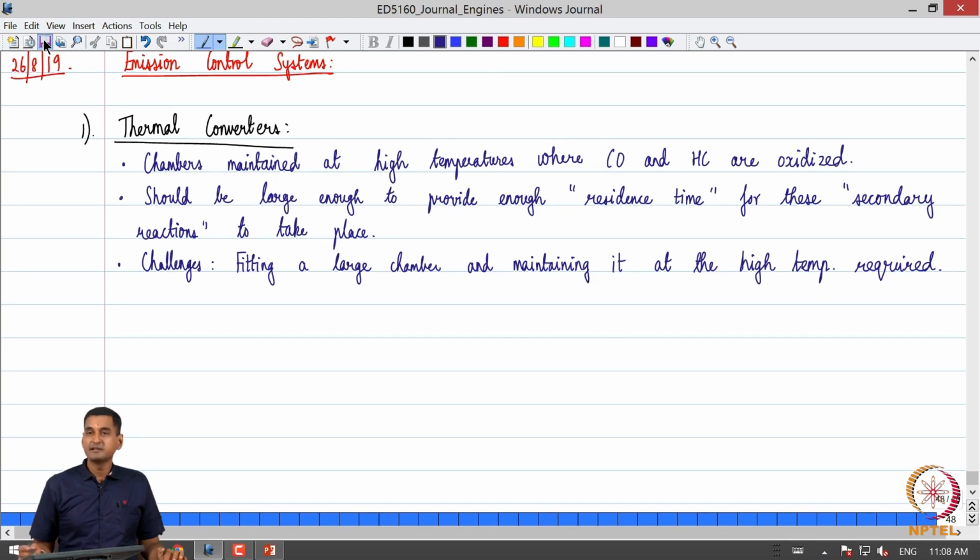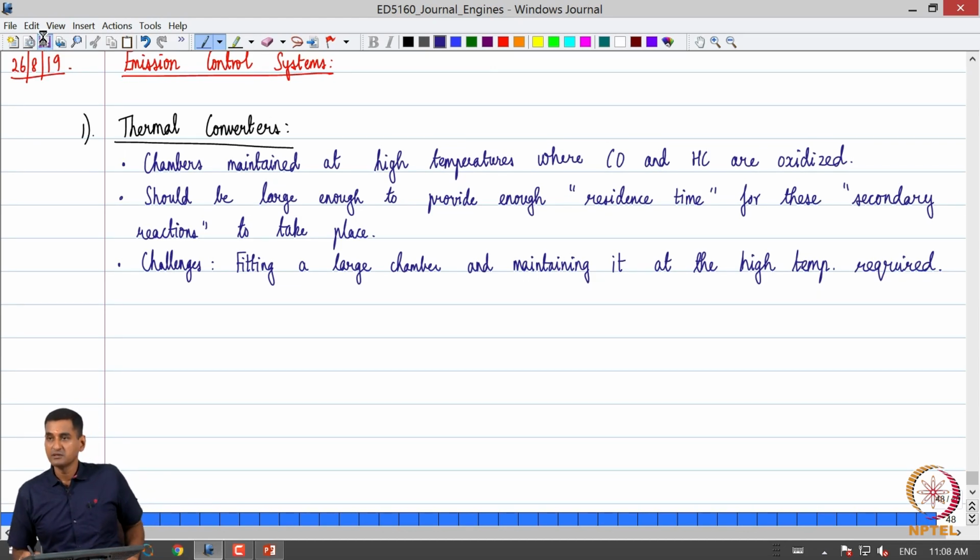So, what is an alternative? So, what is being used popularly or widely today? So, instead of having high temperatures to enable the secondary oxidation reaction to take place, now we utilize catalysts, right. Catalysts essentially promote these secondary oxidation reactions, so that these oxidation reactions can take place at relatively lower temperatures.